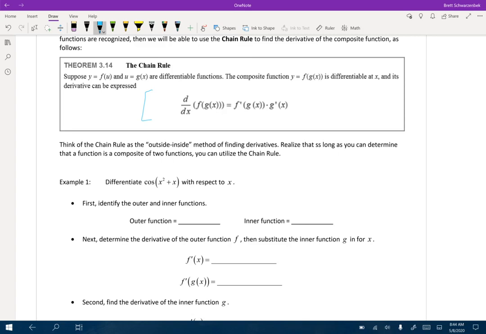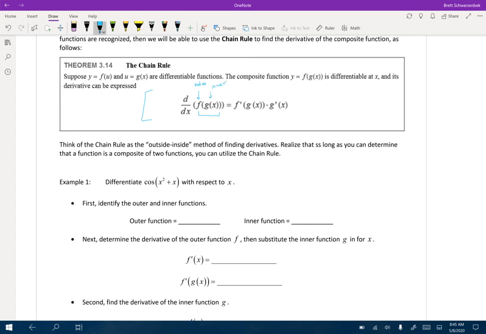Basically what it says is if you take the derivative of a function that is composed, or in other words, a composite function, one inside another, I call this the outer function, and I call this the inner function.